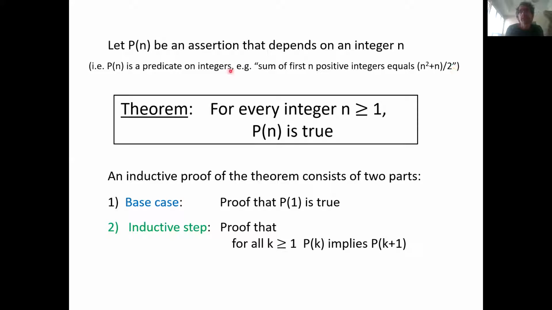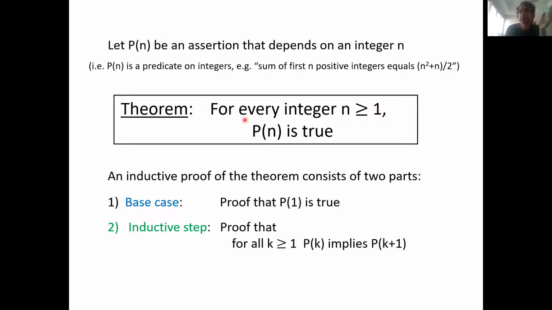But that's just an example; you might have other statements about integers. The theorem is that your statement about integer n holds for all n from 1 on, all n greater than or equal to 1.